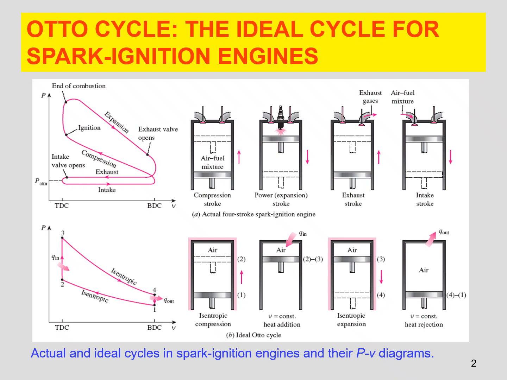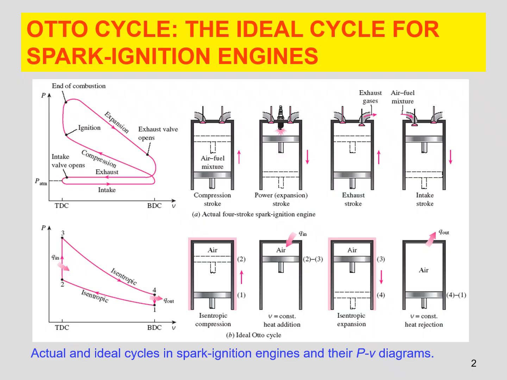Here are the actual and ideal cycles in the spark ignition engines and their PV diagram, which we already discussed in the class clearly. When we look at the pressure volume diagram, it has 4 processes: 1 to 2, 2 to 3, 3 to 4, and 4 to 1. The first process, 1 to 2, is isentropic compression.